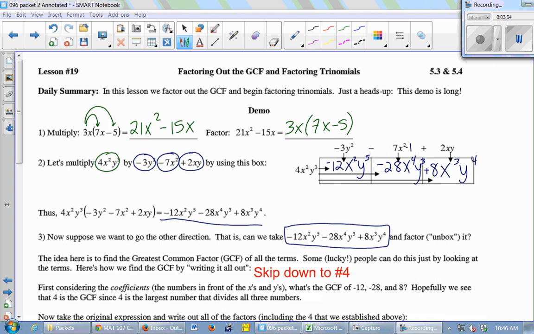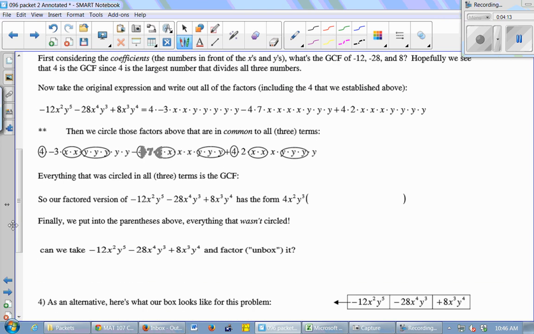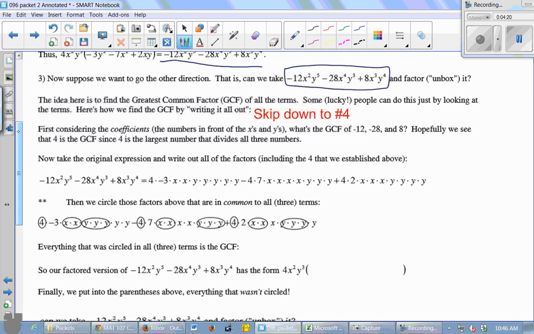This is probably something you've seen at least briefly in a previous math class. Some lucky people can do this just by looking at the terms. If you're not one of those lucky people, I've written out in great detail all the steps of how to find the greatest common factor. This might look familiar if you took 095 here, but I'm going to skip down to number 4, and if the details escape you, go back up and read this.